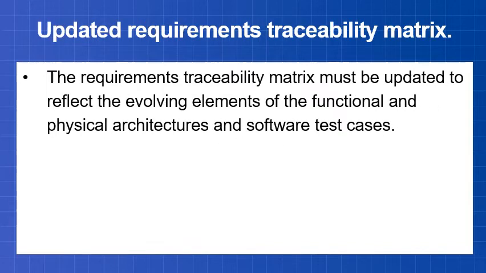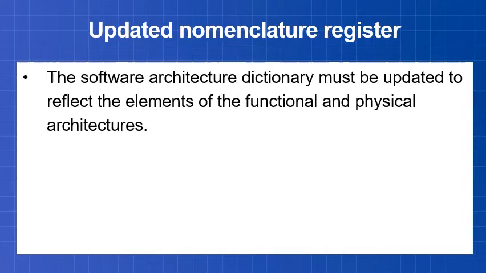Here we have updated requirements traceability matrix. The requirements traceability matrix must be updated to reflect the evolving elements of the functional and physical architectures and software test cases. The last one is updated nomenclature register.